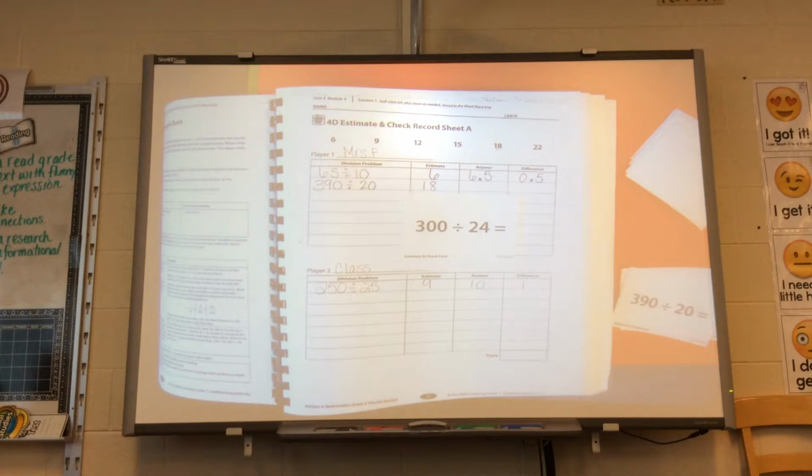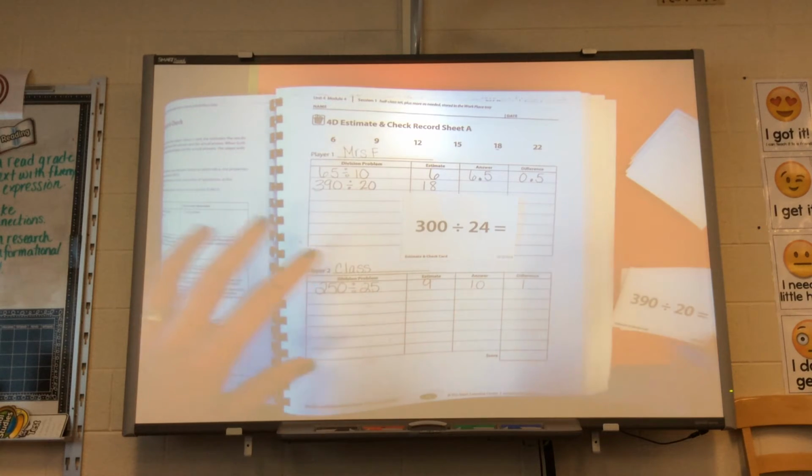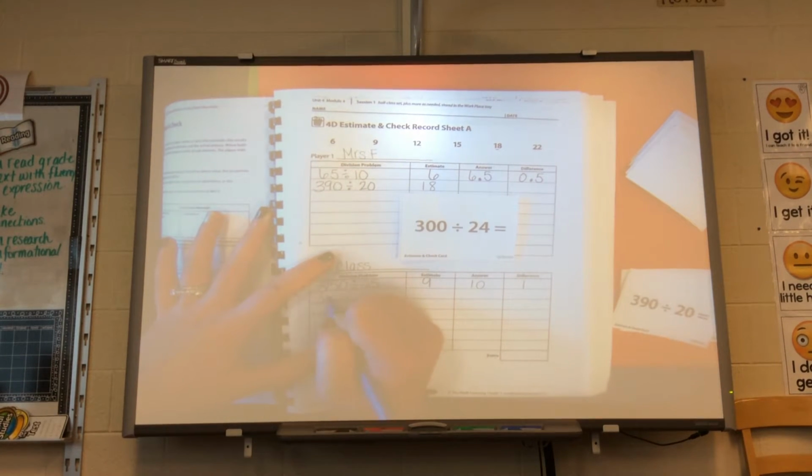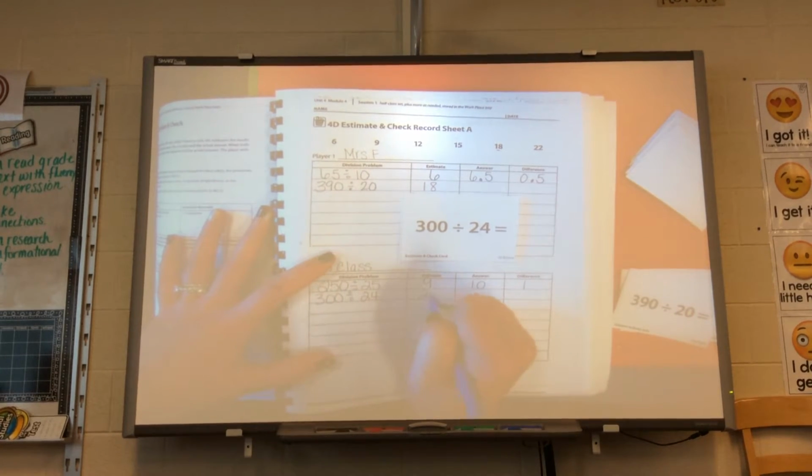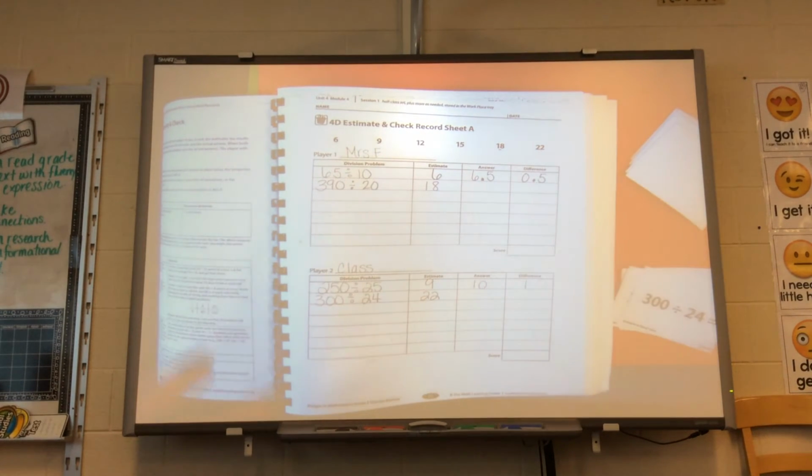Which number are you going to choose to estimate with? Anybody? Sophia? 22, because it's the closest to 24. Sophia says 22. So 300 divided by 24, and she's going to estimate that it's 22.